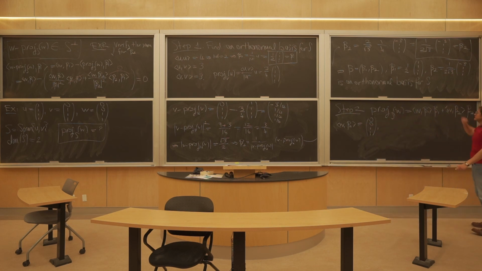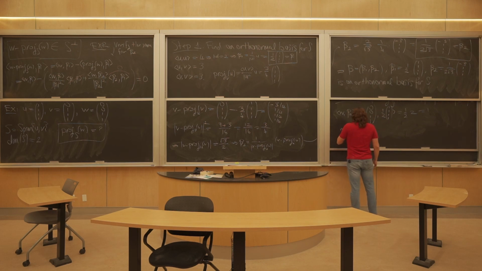Times that vector. Okay. So I can take the constant out, and then this is going to be 0, 0, 2, which is 1.